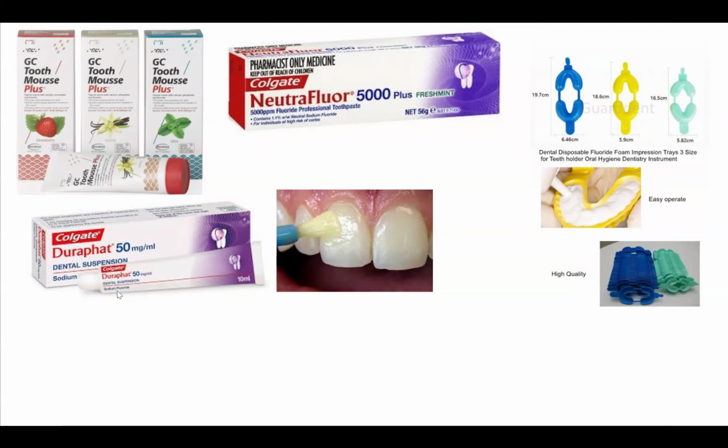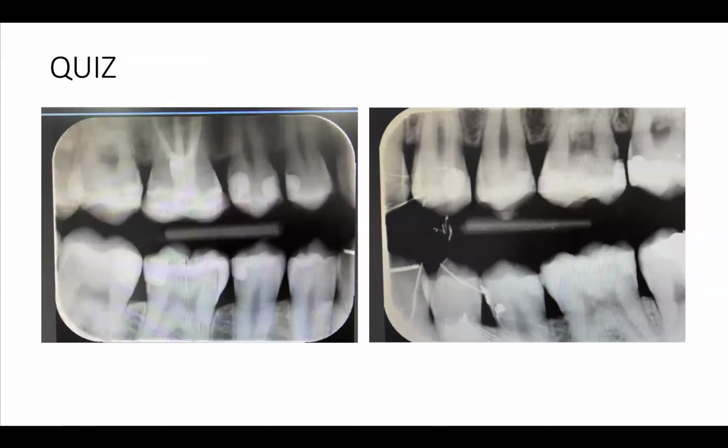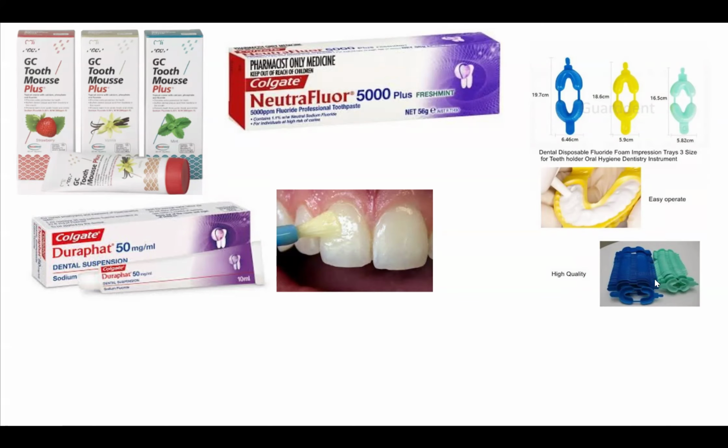Duraphat is again sodium fluoride, in a dental gel form. You can apply some foam through trays, but foam is now not recommended anymore. I will show you the slide for this, where ADA has come up with recent guidelines, even TG, that foams are no longer to be used because I think the efficacy is not as much.